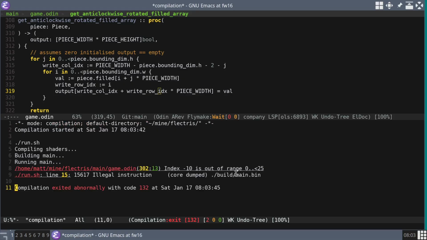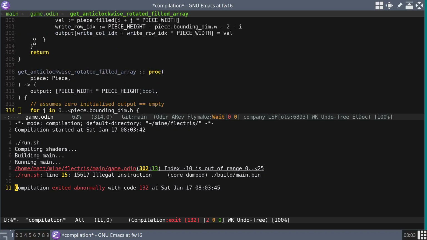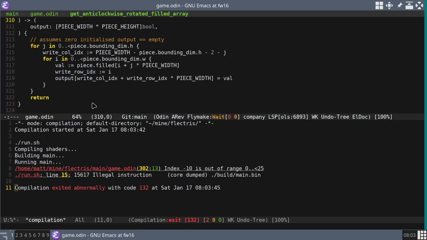It's saying on 302, as it goes to write to the output, so this is a bad value. Damn it. How do we investigate that?